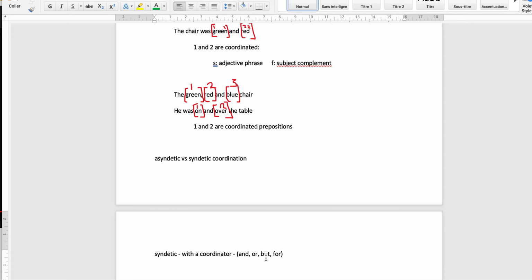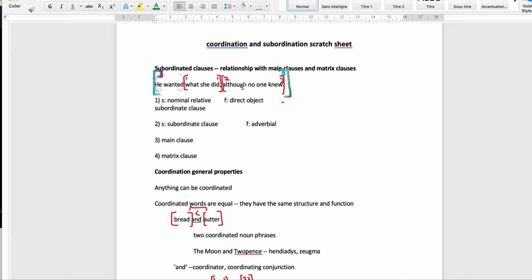semantically, usually, because the but expresses opposition, just like although. I can say he wanted what she did, but no one knew. Hopefully you can see that here, right? You say, wait a second, why is although no one knew a subordinator and but isn't? Now remember I said about the order. Here we have although introducing a subordinate clause, right? And I said if it's subordinate, we can move it around. So I can say although no one knew he wanted what she did. That works, right?